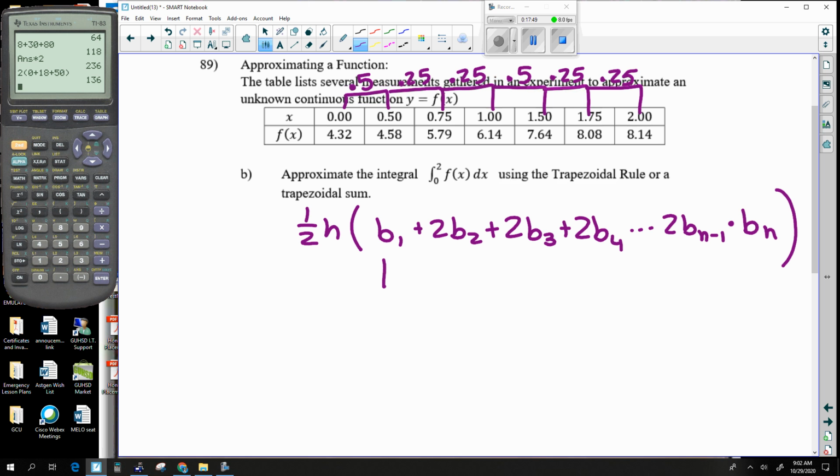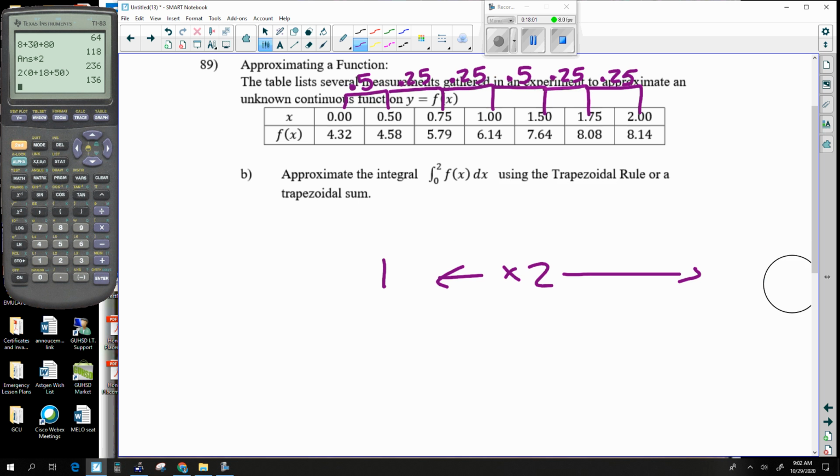So it's a singular, singular, and everything is doubled in between. That'd be the easy way, but you have to have a consistent height. Here we do not have a consistent height, and so we have to do it the long version.